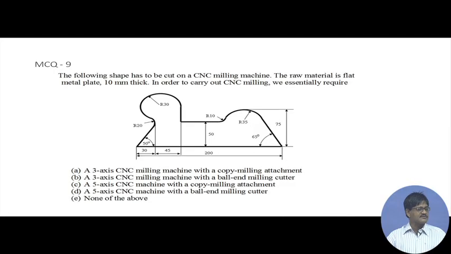A 5 axis, so the correct answer is none of the above. Now, you are finding in many of these MCQs I am putting none of the above. Why is it so? It really tests out your confidence.